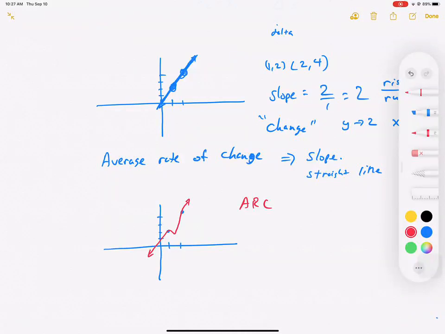Well, I know my points are 1, 2, and 2, 4. So overall, to get from 1 to 2, how much did we change? Well, we plug in our points, y2 minus y1 over x2 minus x1. We're comparing the y's over the change in x.